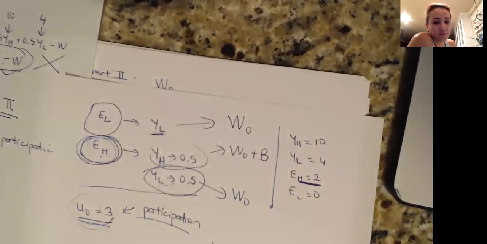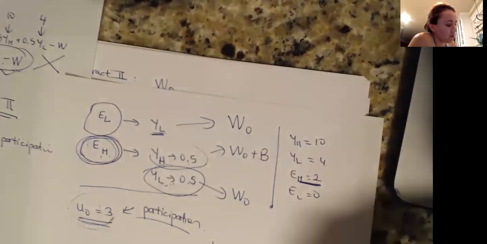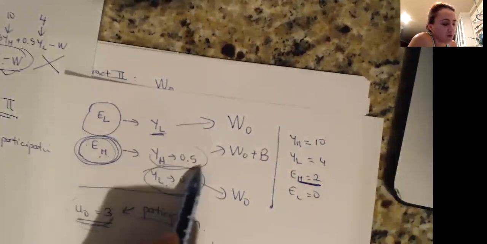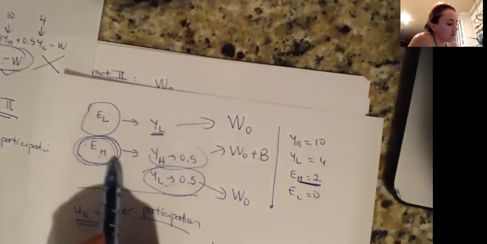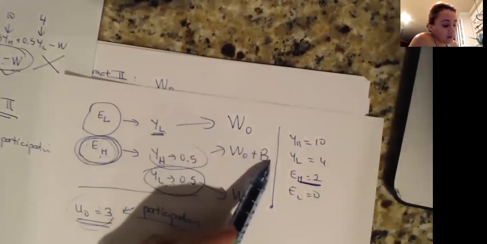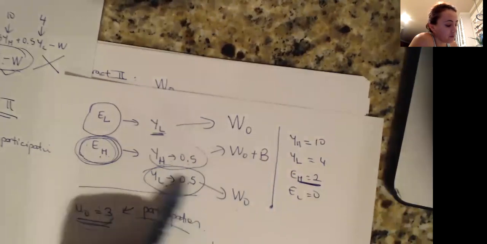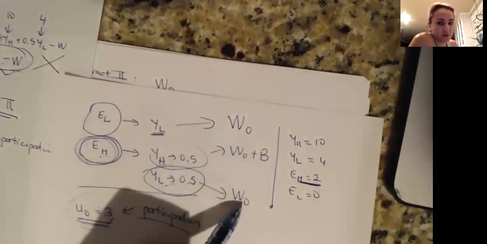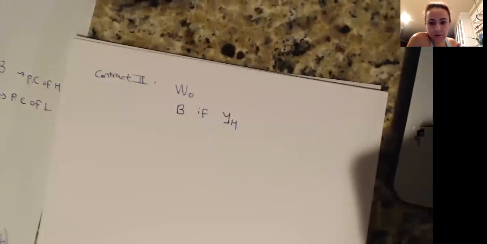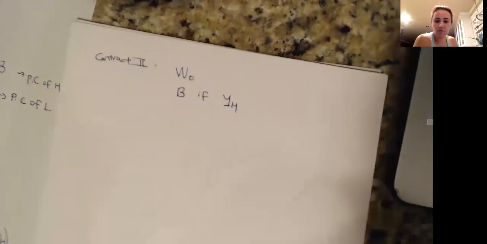So this time, I'm going to have expectations for the worker as well, because with 50% probability, the high effort worker is going to be paid W0 plus B, and with 50% probability, he will be paid only W0. Okay. So now, how do I construct this? Well, the worker chooses low effort.